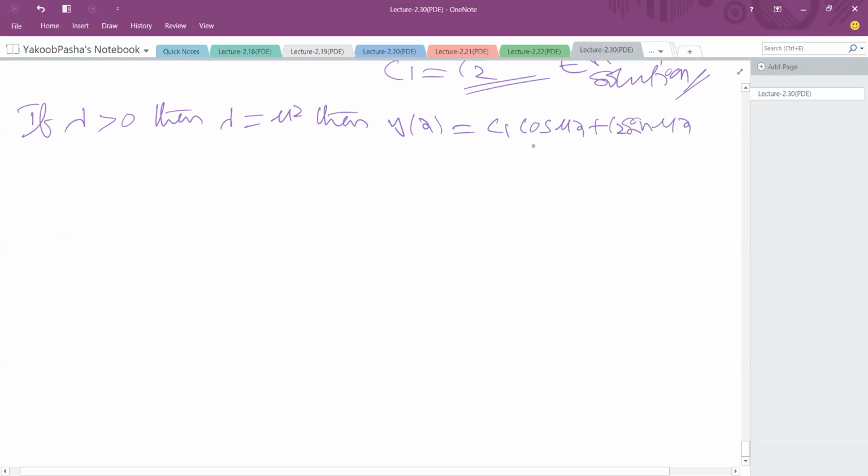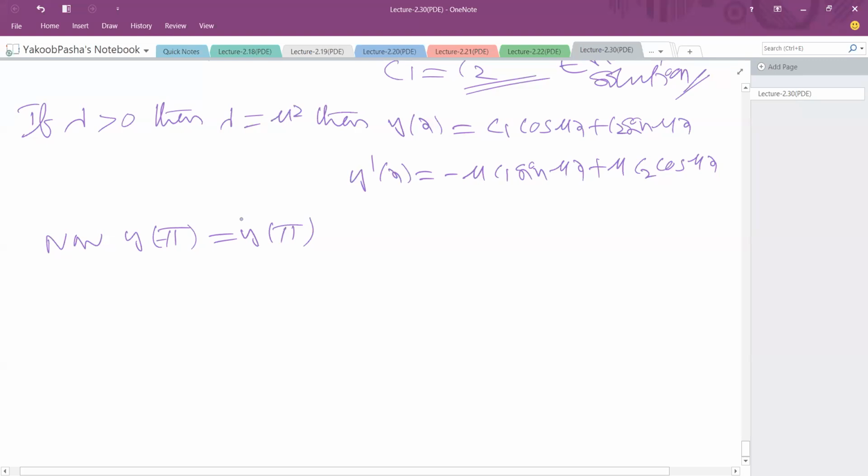Differentiate this with respect to x. Y dash of x is equal to minus mu c1 sin mu x plus mu c2 cos mu x. Okay, and apply the boundary conditions one time. Now y of minus pi is equal to y of pi, first boundary condition.